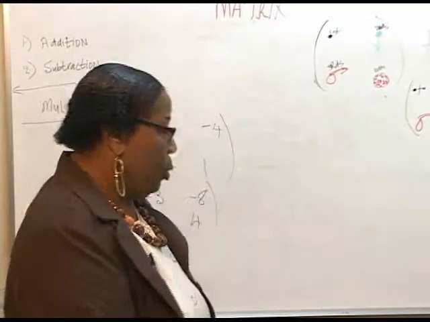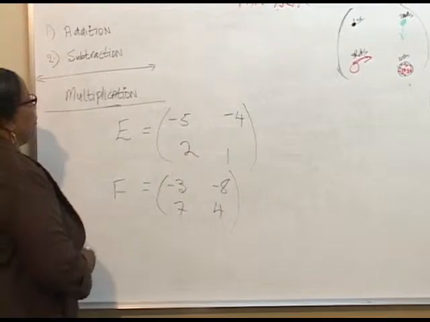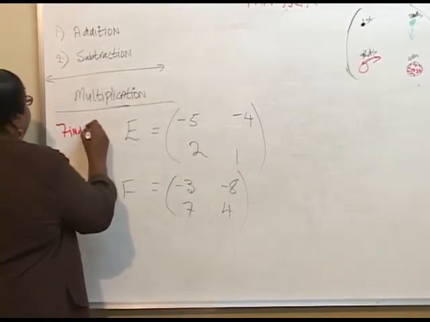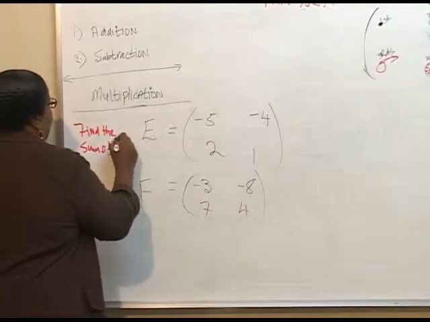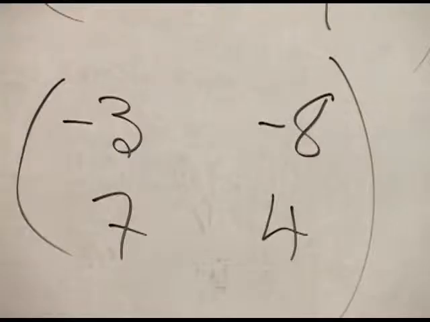So today, still on the rule for addition, we were asked to find the sum of the two matrices. E is equal to the elements -5, -4, 2, 1. F is equal to -3, -8, 7, 4.